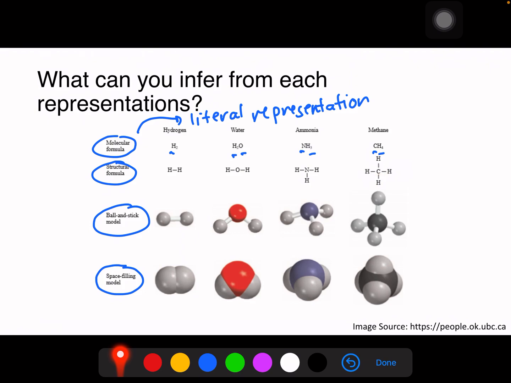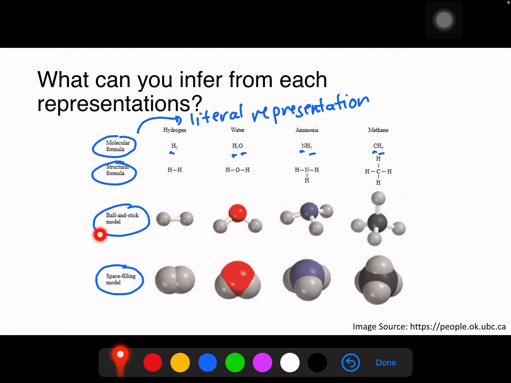So structural formula is perfect in presenting the bonding, in what specific atom does the other atom is bonded to.